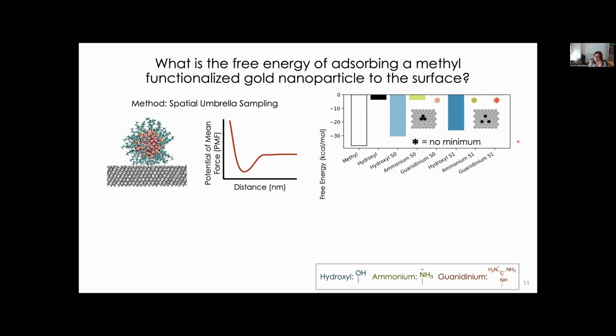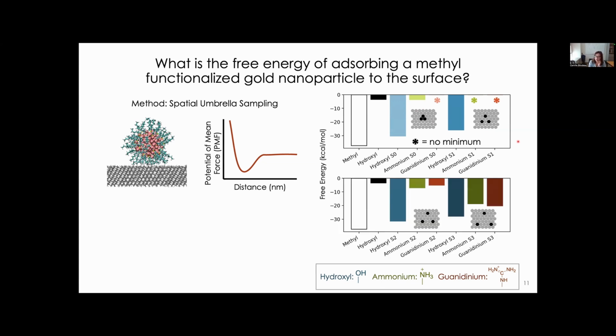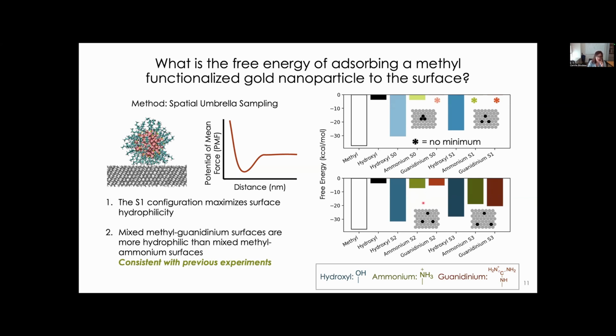We can then also look at the S2 and S3 configurations. And we actually see that as we go from S1 to S2 to S3, our surfaces get more hydrophobic. Our nanoparticle is binding more strongly. And then in the S2 configuration, we see again that ammonium is binding to the nanoparticle more strongly than the guanidinium surface. And so overall, we're observing that this S1 configuration seems to maximize hydrophilicity.